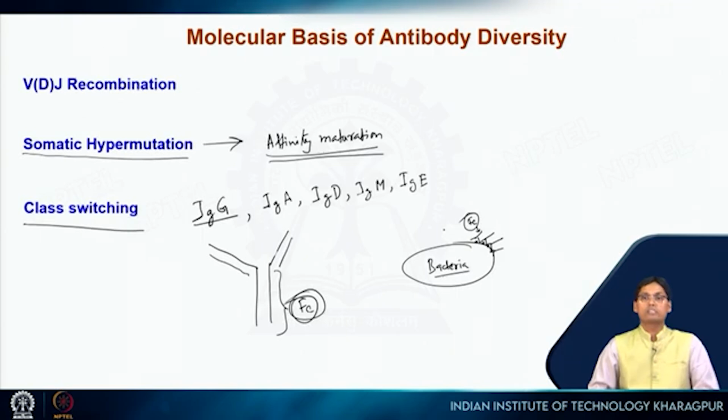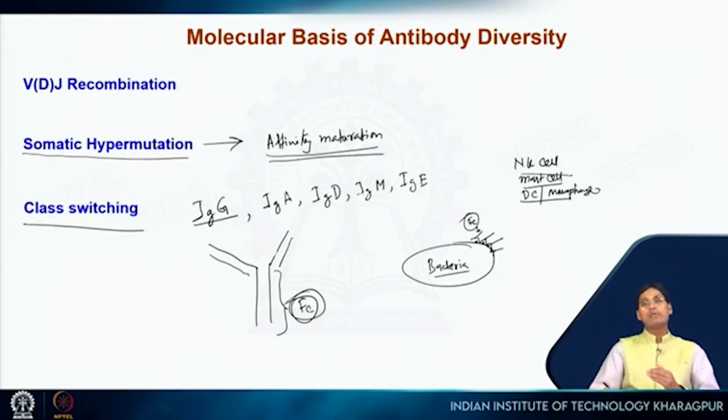This is effector function. For example, this Fc region can bind to the Fc receptor present on an NK cell, on a mast cell, which is another type of immune cell, on DCs, and macrophages.